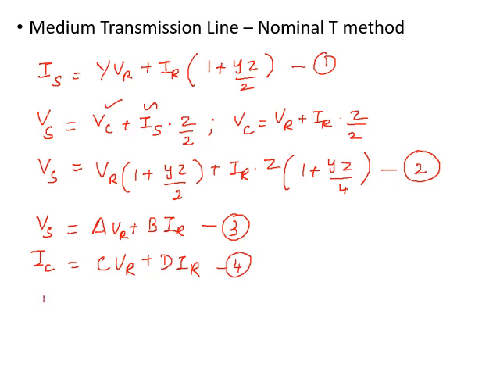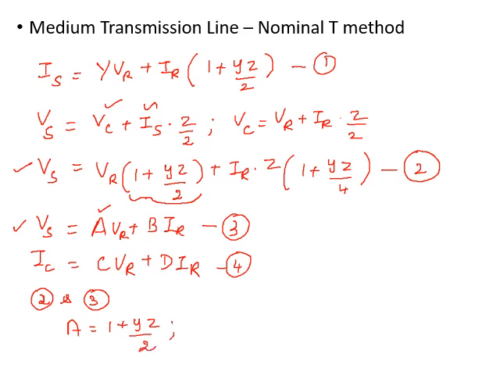So comparing equations 2 and 3, the coefficient of VR is 1 plus YZ by 2, so A is equal to 1 plus YZ by 2.